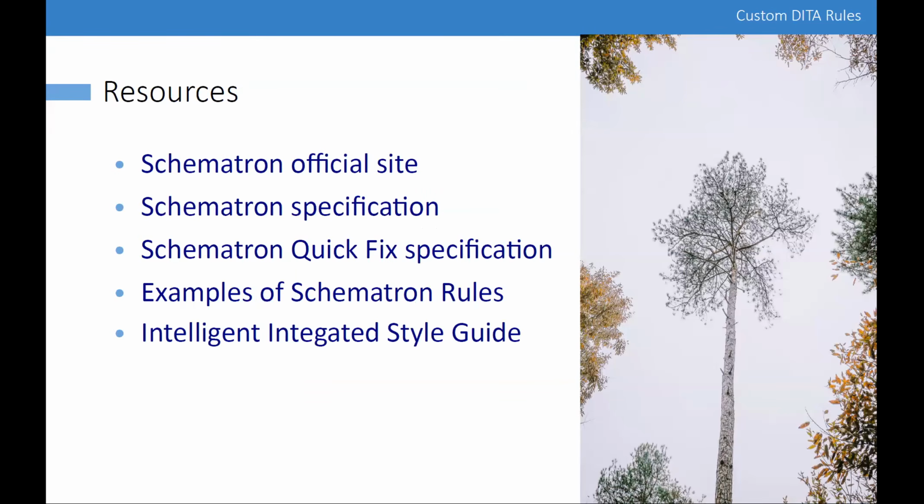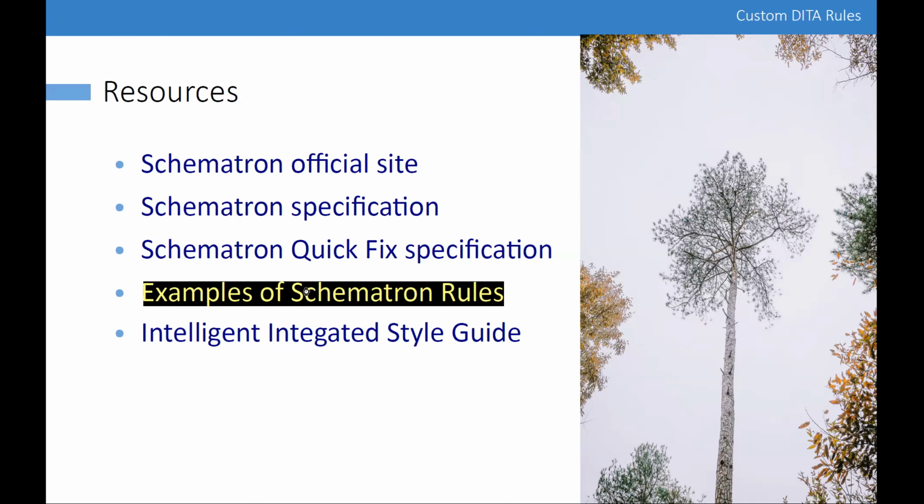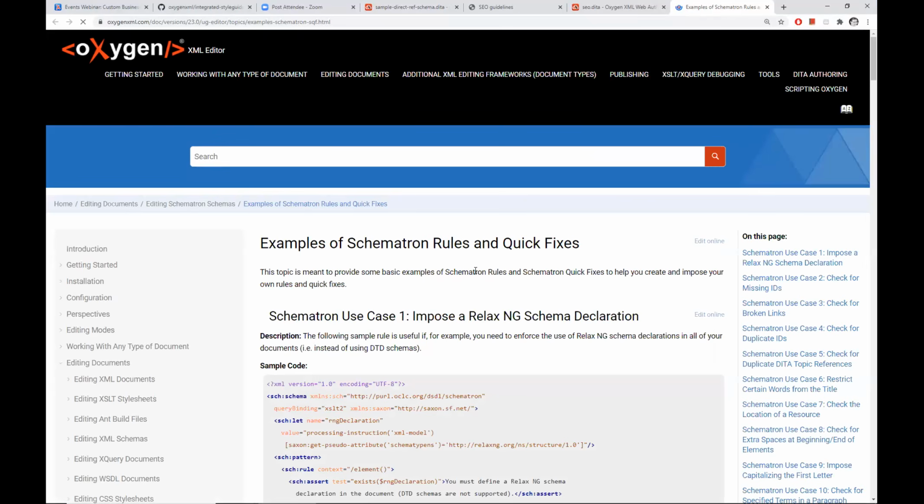I added also here some resources: the Schematron official site, the Schematron specification, the QuickFix specification, and some style guide. There are also some examples of Schematron rules that I added recently in our user guide to help the user to implement them.